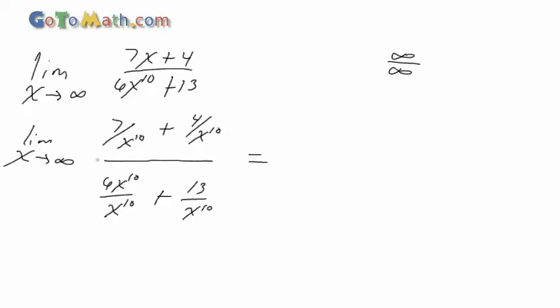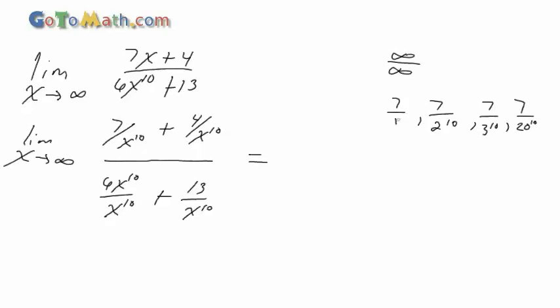We know that's 6. So if we took the limit as x approaches infinity of 7 over x to the 10th, right, as this number gets larger and larger and larger, what's happening to the whole thing? Right, for example, I'll just write some example terms down. If I had 7 over 1, and then let's say we plugged in 2 into that, so that'd be 2 to the 10th, and then we had 7 over 3 to the 10th, let's say 7, we're going to jump out here, 20 to the 10th, right?